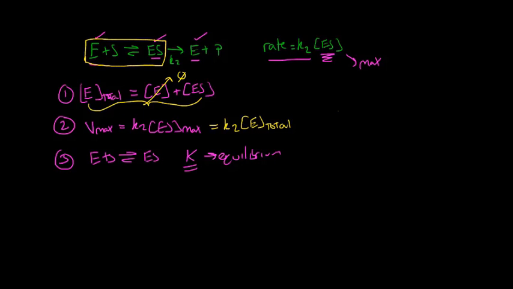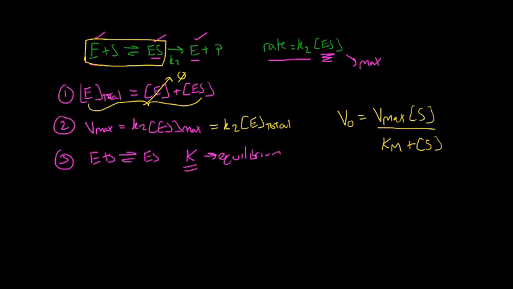This equation is V naught, the initial velocity, equal to Vmax times the concentration of substrate divided by Km plus the concentration of substrate.